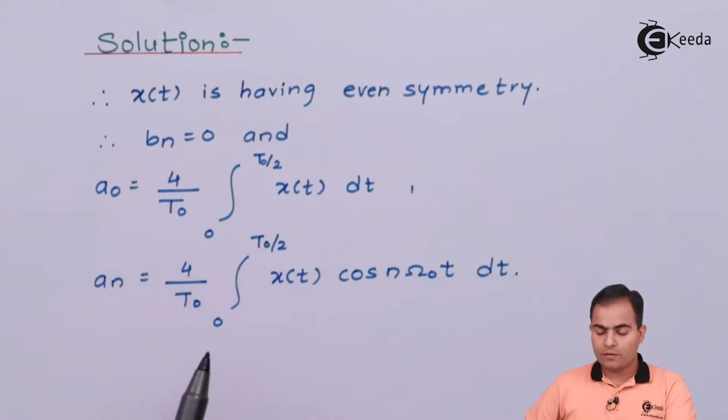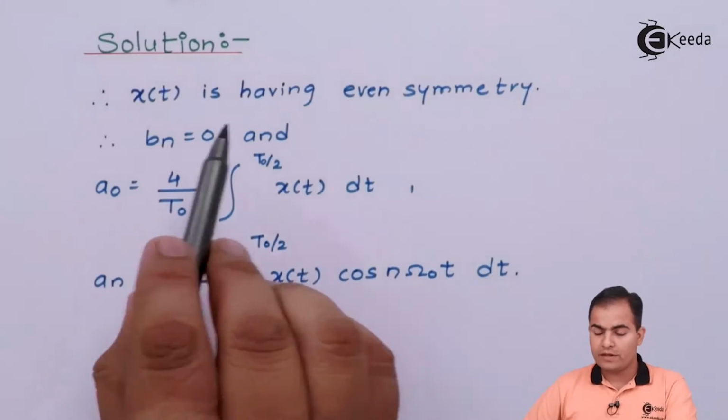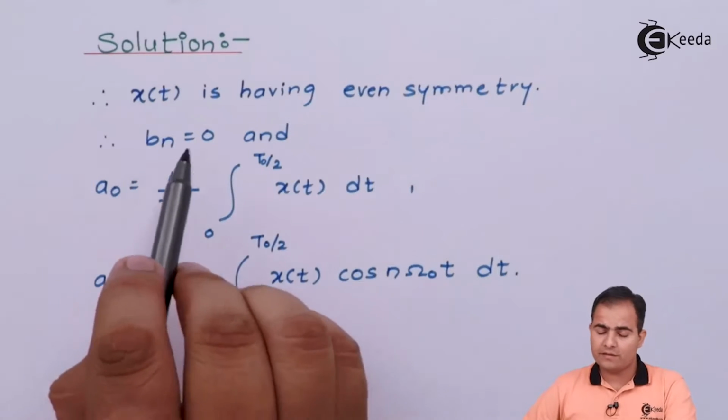So these are the two formulas of a naught and an for even symmetry, and we know that in even symmetry the bn value is 0.